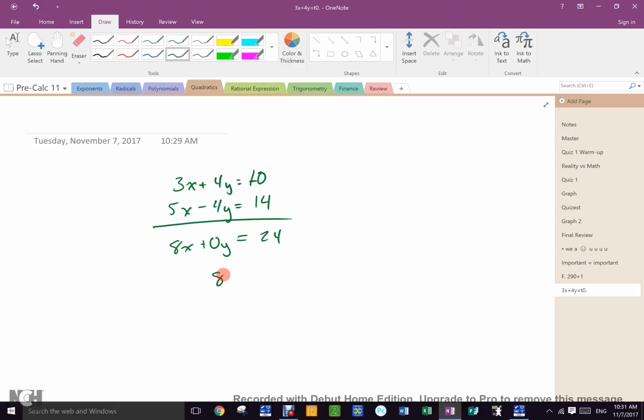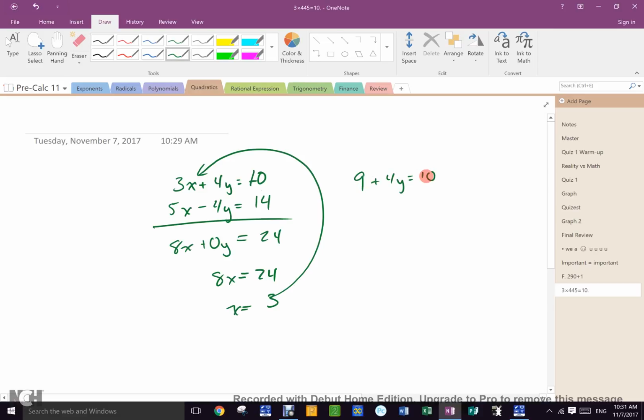Right? Now, if x is 3, what letter's that? X. What number do I write there? 3. So this isn't 3x. What is it really? 3 times 3, which is 9, plus 4y equals 10. Now, can I solve it? Because I only have one unknown, correct?